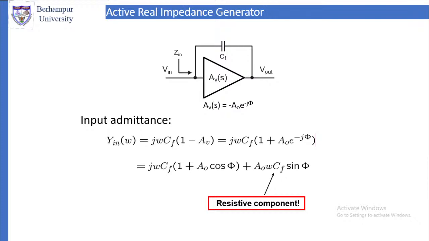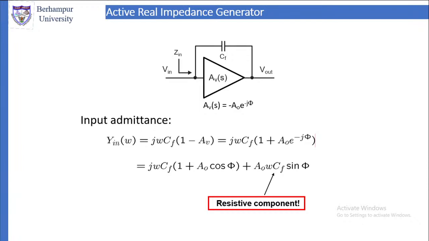Now we will separate the real part and the imaginary part. The imaginary part will be j omega CF into 1 plus A0 cos phi, which is capacitive in nature, plus the real part, A0 omega CF into sin phi, which is resistive.